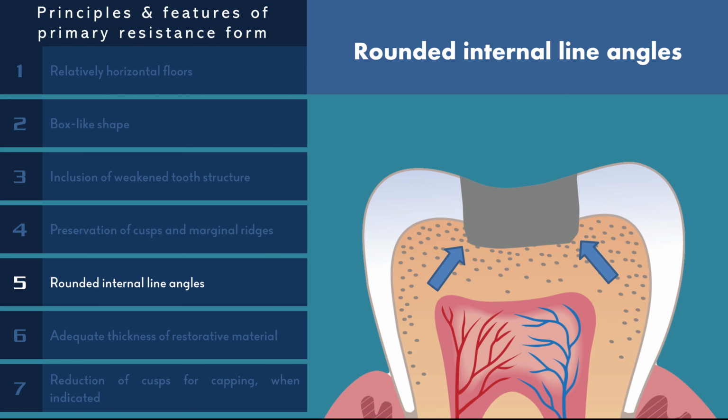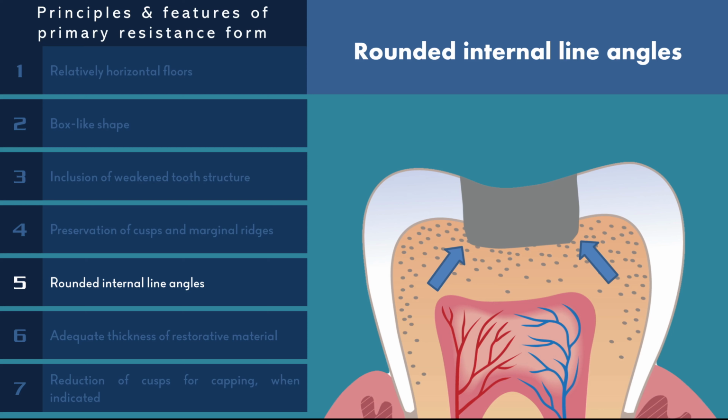The next important feature in providing a primary resistance form is the rounded internal line angles. If the internal line angles are sharp, they can act as a point of stress concentration and transmit the occlusal or masticatory forces towards different areas of the tooth, leading to fracture of the tooth.